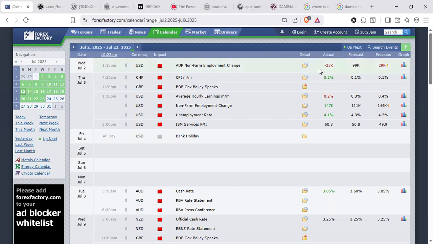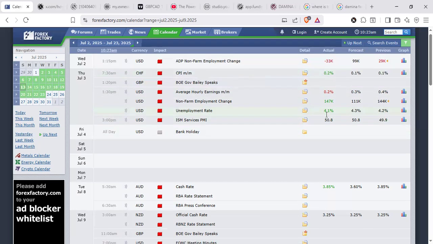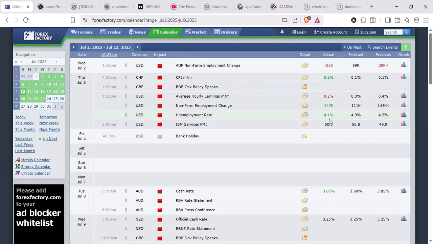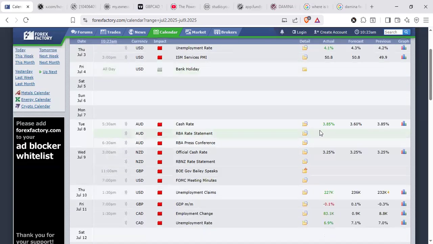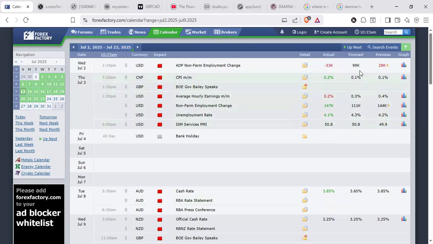From just glancing, you don't even need to really check and read plenty of things. From glancing, you know that this news event was bearish for the dollar. From just a quick glance, you know that this news event is going to be bullish for CHF and so on and so forth. So that's a very easy way to look at Forex Factory and be able to go on to do your analysis without even reading so much about it.